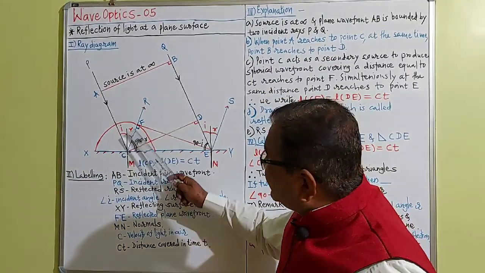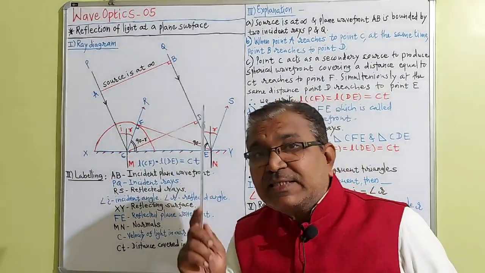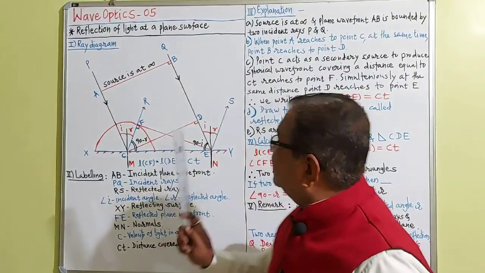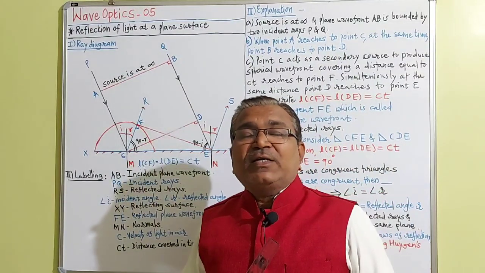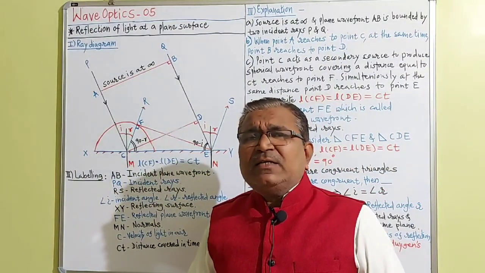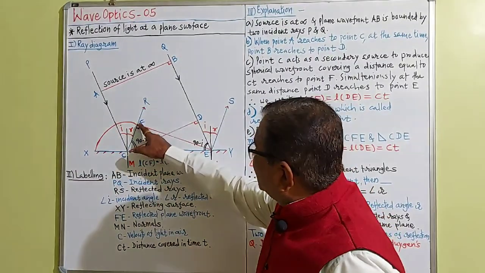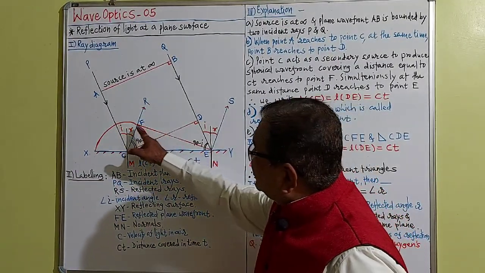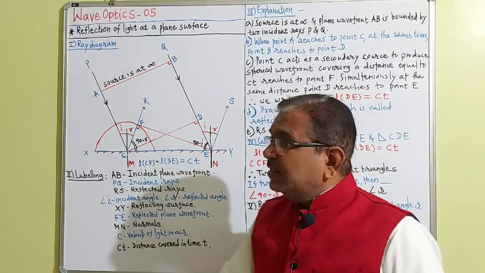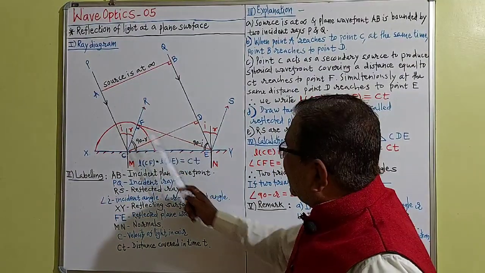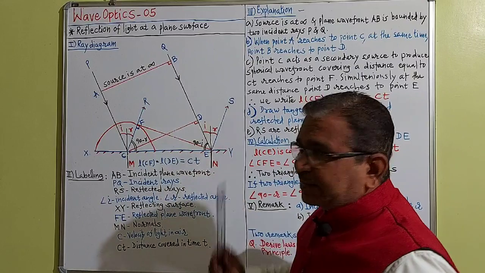When C reaches F, covering a distance equal to CT, at the same time point D reaches point E. Then the only thing you have to do is draw the tangent FE. This tangent gives the reflected plane wavefront, because FE is bounded by two reflected rays RS.